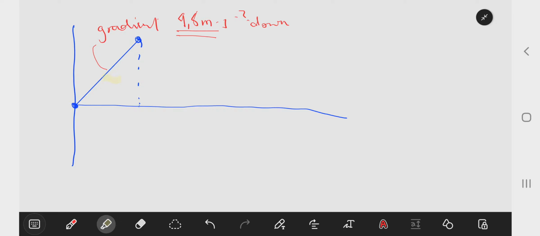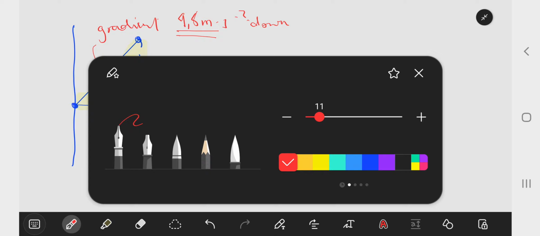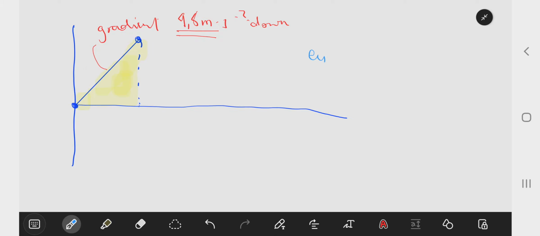Okay, and then property number 2 actually talks about the area under the graph. So the area is between the graph and the x-axis always.